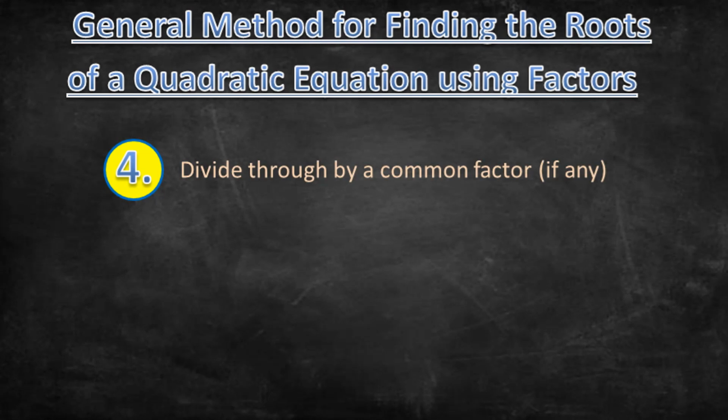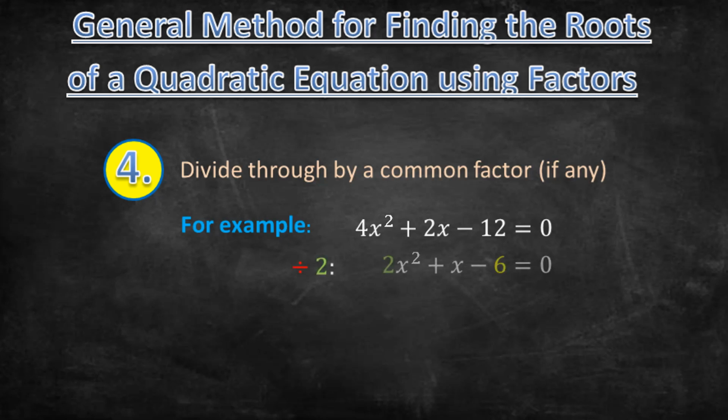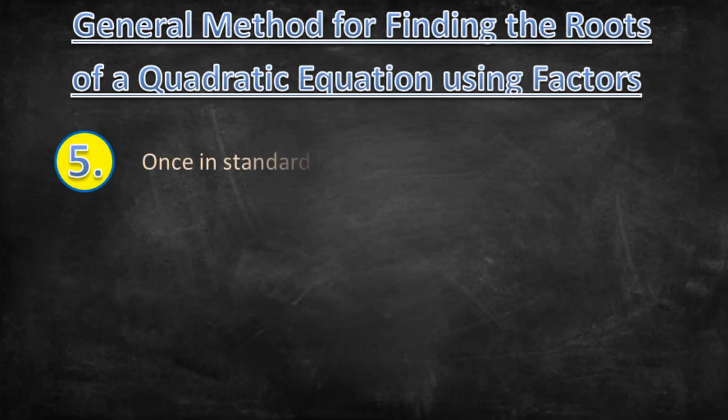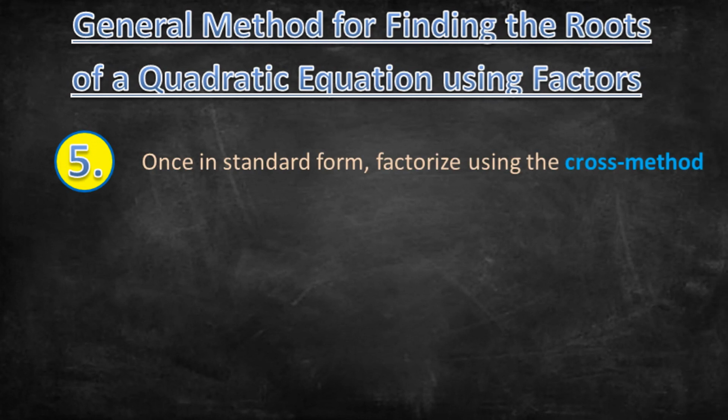Let's say, for example, we have 4x squared plus 2x minus 12 equals 0. Here we have a common factor of 2, so we divide through by 2 to get 2x squared plus x minus 6 equals 0. Once we have the equation in standard form, we factorize by using the cross method.